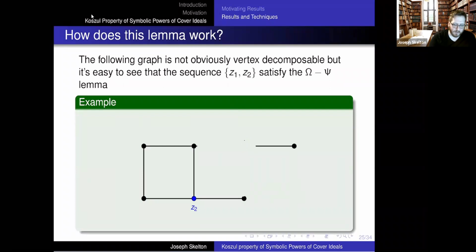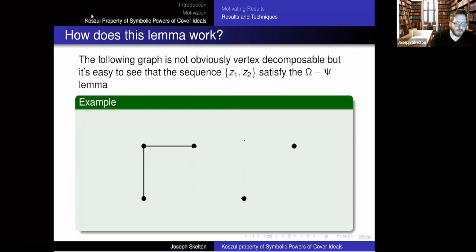If I delete Z1, I get this graph, and now Z2 has a whisker on it, so it's a shedding vertex. So the first condition is met. The last condition: if I delete Z2, I get a path and some isolated vertices, so that's vertex decomposable, and the last condition is met.